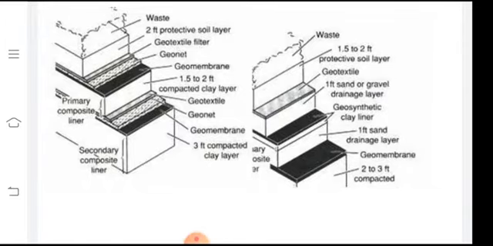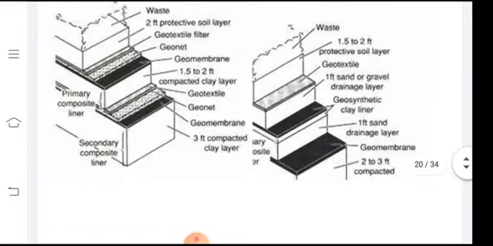For hazardous waste, we have a double provision of the layers. The geonet is doubled, and we have a more compacted clay layer thickness, that is 3 feet, while for the sanitary and combined landfill, we have different provisions.